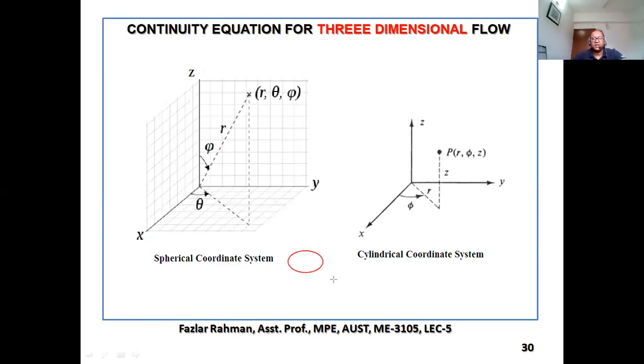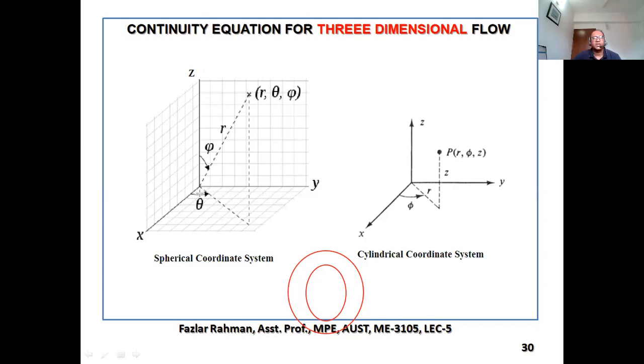So how can we study this? The Earth is round, and from space you also see it round, right? So if this is Earth, you need to study the atmosphere about 2 miles above the Earth. You are counting what the air velocity is, how it looks. Then you need to use the spherical coordinate.